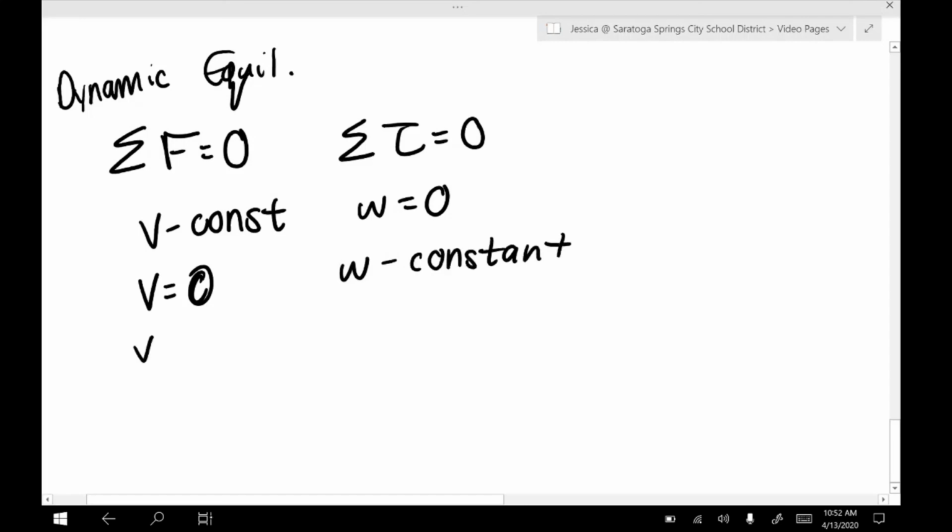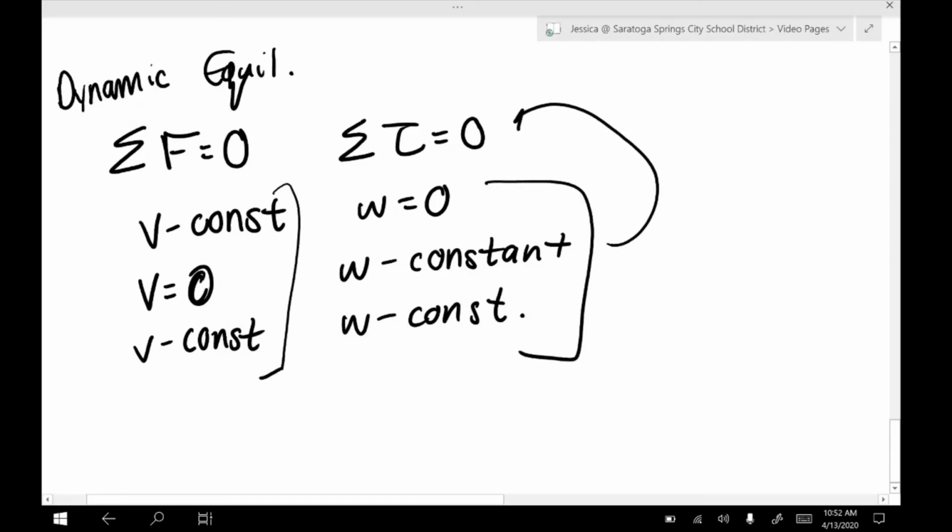Or we could have both: v is constant and omega is constant. So that would mean the net torque and the net force are 0. So if you see any of these situations, it means this. Essentially, when you are not accelerating.